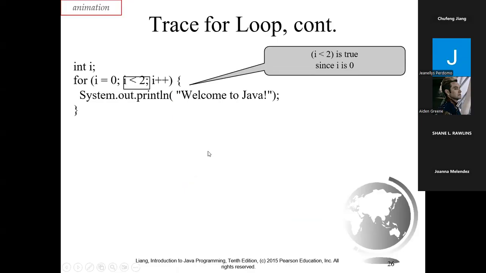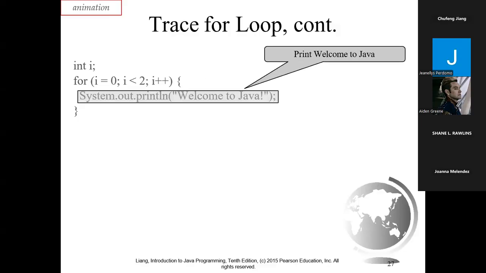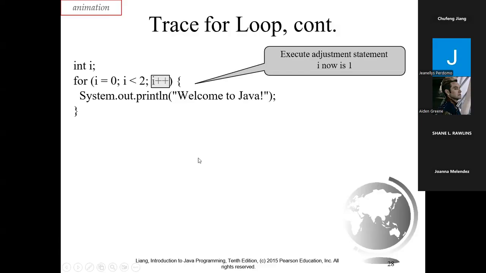Since i < 2 is true, as currently i is 0, the Boolean expression is true. Then we go into the loop body, which prints Welcome to Java. After that, we go to the third part, that is i++. That means we execute the adjustment statement. Since previously i was initialized as 0, after incrementing by 1, it is now 1.